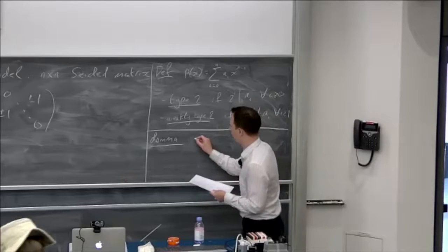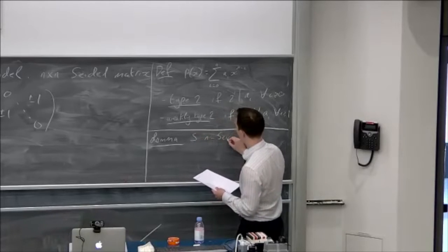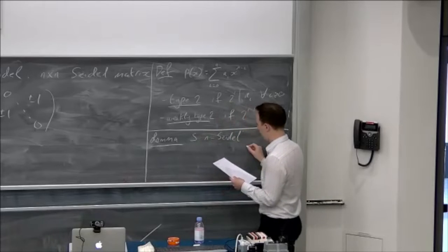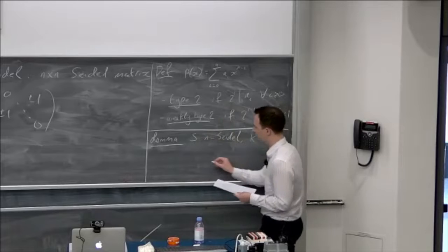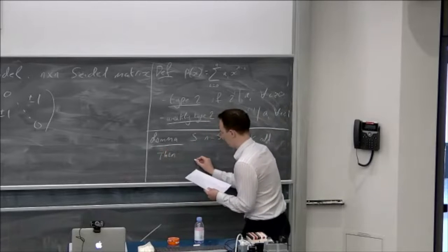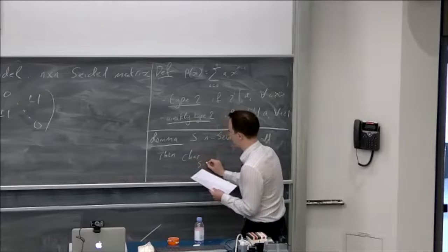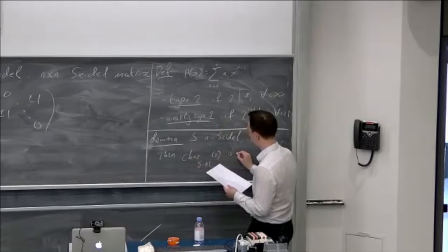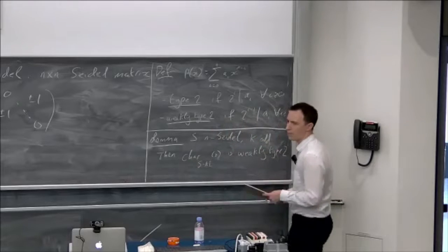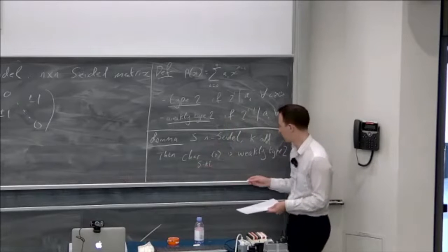This says that if S is a Seidel matrix of order n, and k is some odd integer, then the characteristic polynomial of S minus kI is weakly type 2, and if n is even, then this will be type 2.